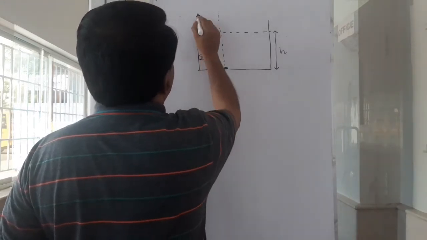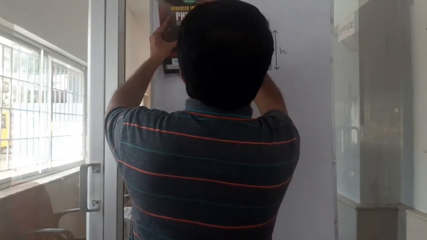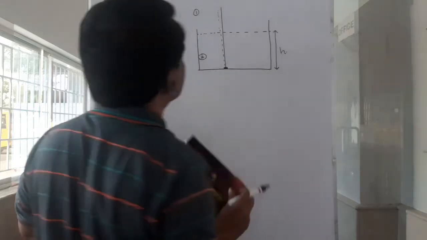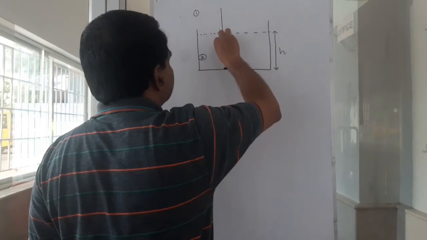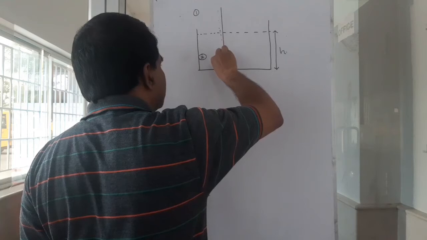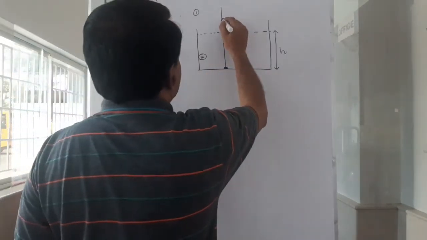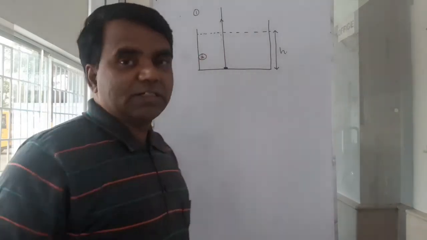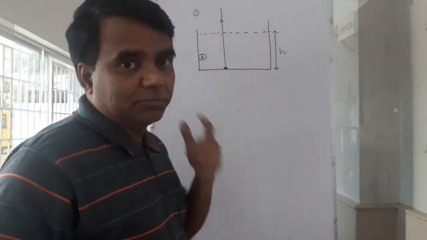So if light travels like this, it will simply travel straight up. That won't get deflected.